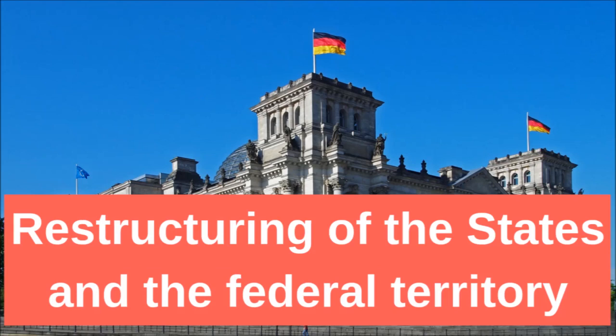Restructuring of the states and restructuring of the federal territory. For these topics, since the beginning of the Federal Republic, it has been repeatedly asked to merge smaller states. That has especially to do with the deficiencies of a federalism. In December 2003, for example, the Brandenburg Prime Minister Matthias Platzeck called for the merger of Berlin, Brandenburg and Mecklenburg-Vorpommern.